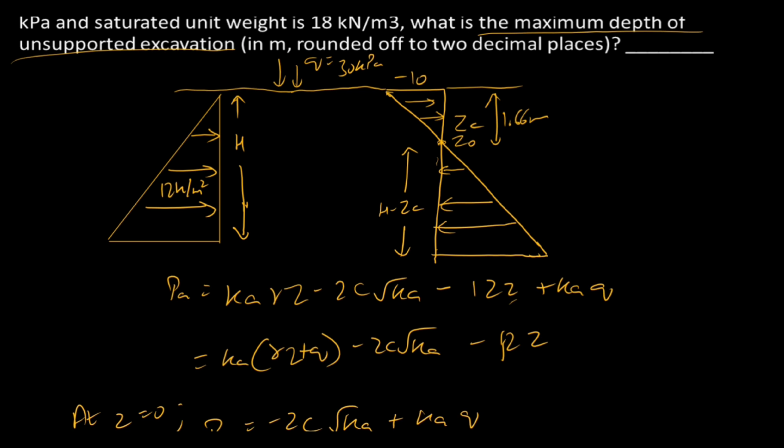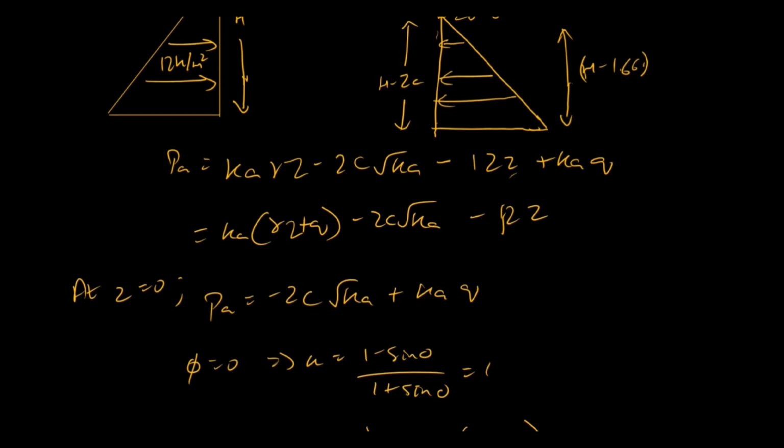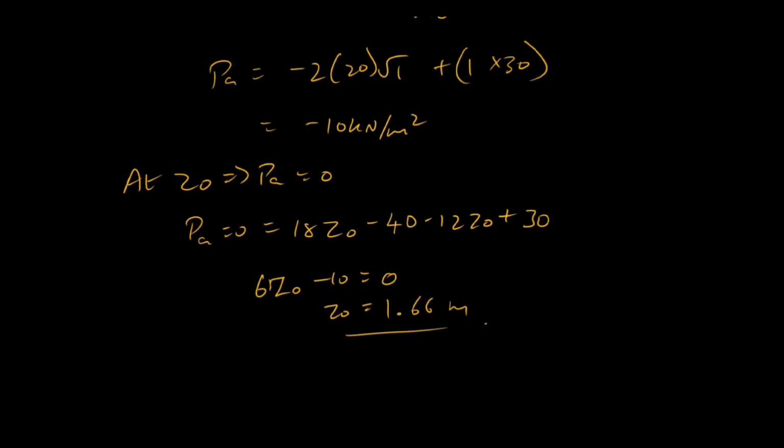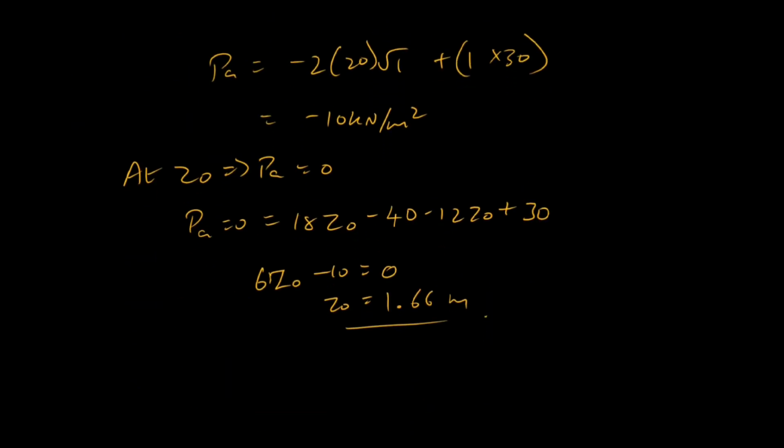So ultimately, this height will be H minus 1.66 meters. At depth H, the total depth, we are taking Z equal to H now.